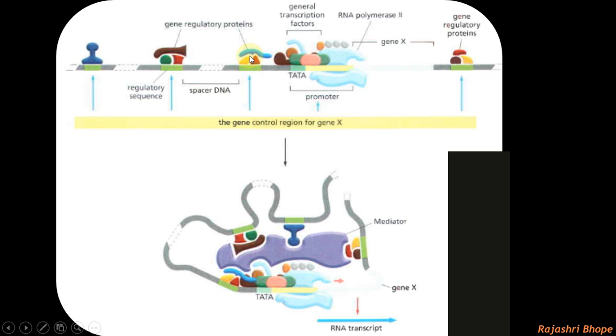Now see, here some gene protein has bound. See now this particular protein, which you can see, like we play chess, that type of protein it is. So this is one domain of the protein, this is another domain of the protein. This domain interacts with the DNA and this interacts with another protein, see here, which is in contact with the protein controlling this gene.